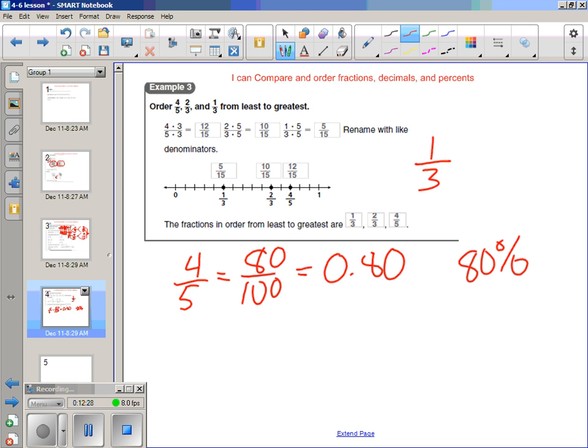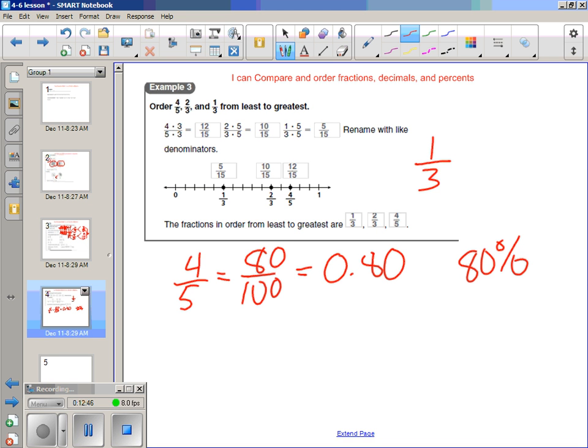Now in this case here, they used the number line to show. And to have a number line really work, we need to have an equal number of units. Do you know how we find where these places go? We have to use common denominators. Look, they have 15.